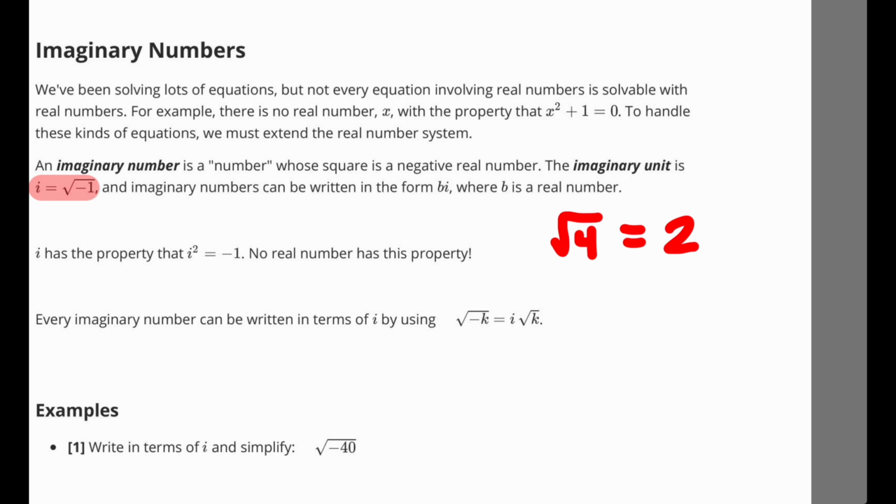Okay, but the problem with, let's just say it was the square root of -4, for example, is there's no two numbers that are exactly the same. So you can't multiply two numbers that are exactly the same and get a negative value out of it. Okay? So for example, if you did 2 times 2, again, you get 4.